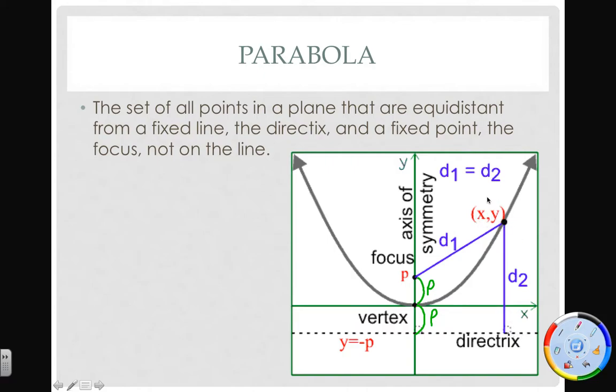Any point, if we choose any point out here on the parabola, the distance from the directrix to this point and the distance to the focus, if I called these m and n, I would know that m equals n by definition of a parabola. Okay, so that's the definition.